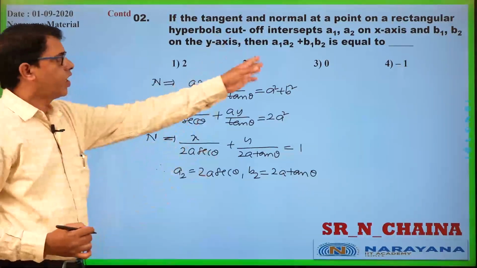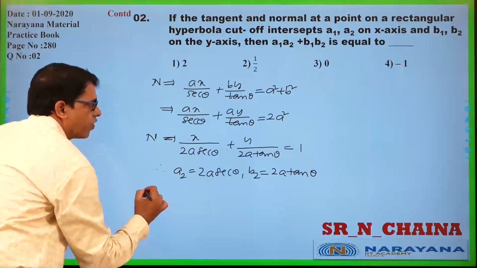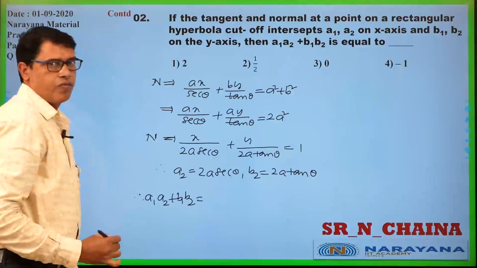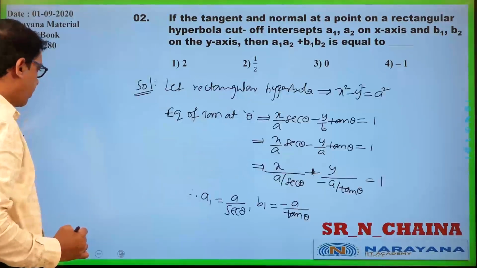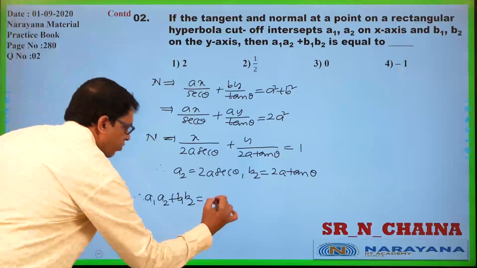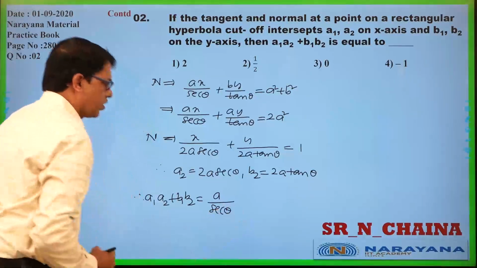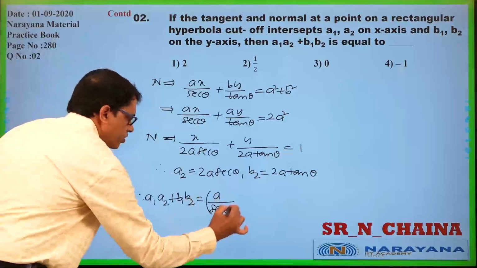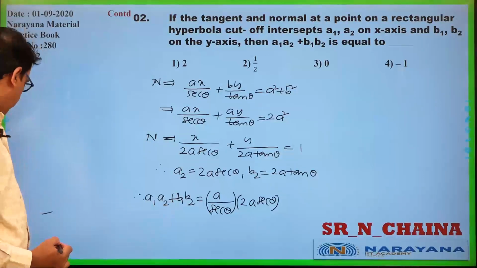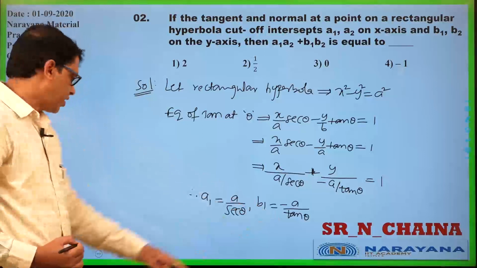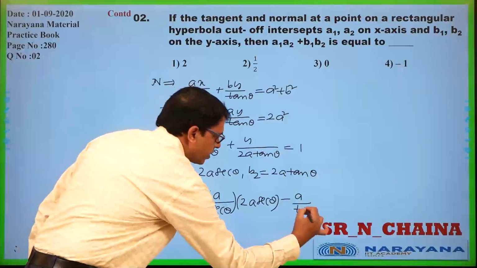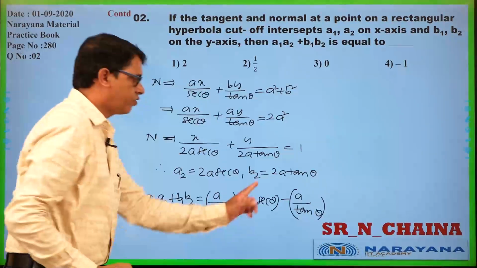What is the required value? a1 a2 plus b1 b2. Now back to a1: a by secant theta, into a2 value, 2a secant theta, plus b1 value, minus a by tan theta, into b2 value, 2a tan theta.